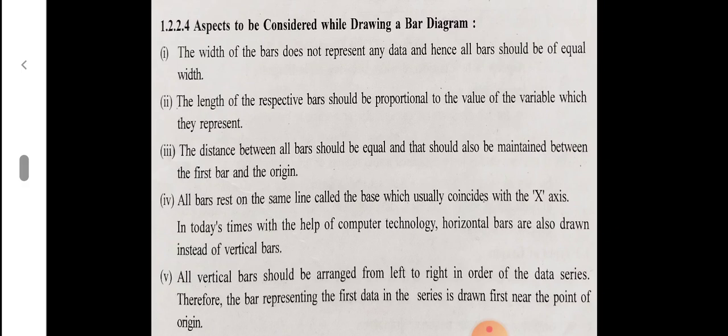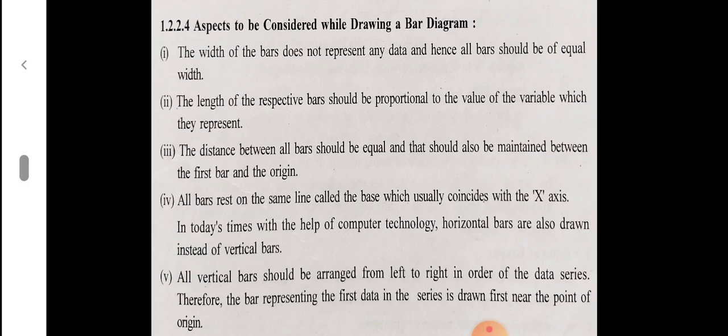Fifth point is all vertical bars should be arranged from left to right in order of the data series. Therefore, the bar representing the first data in the series is drawn first near the point of origin.